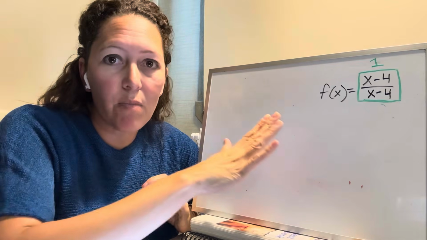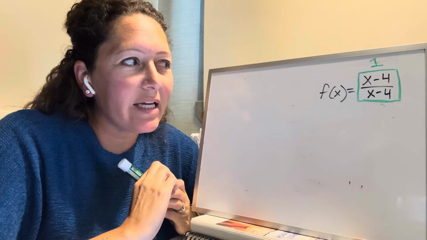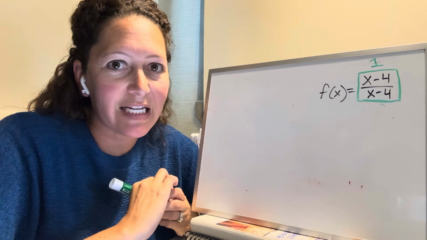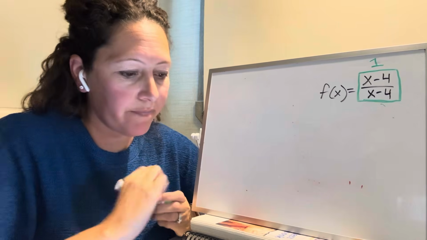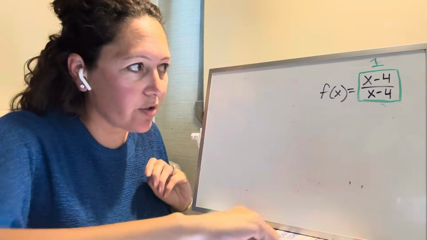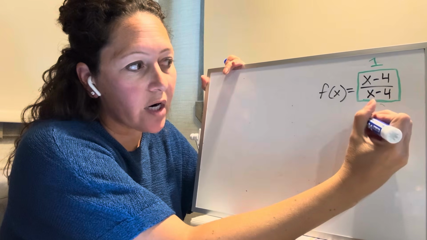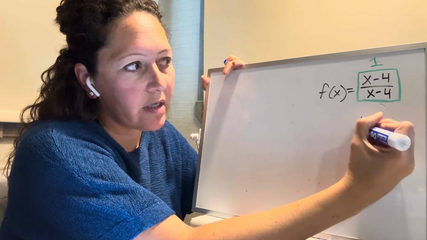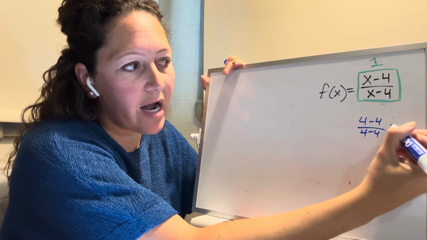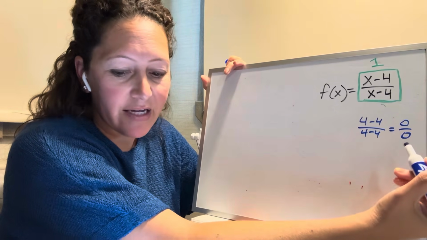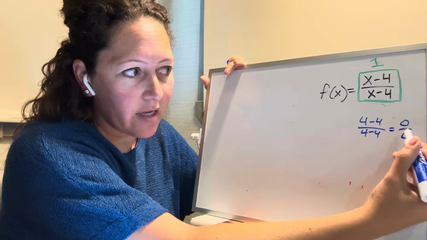This is mostly true, but it isn't actually going to be true at the point where x is exactly equal to 4. And let me show you why. Because if I plug in 4 minus 4 divided by 4 minus 4, I'm going to end up with 0 divided by 0. And we cannot divide that, right?